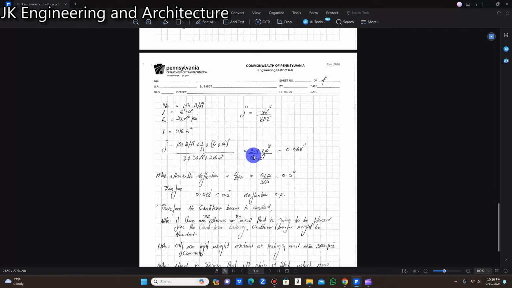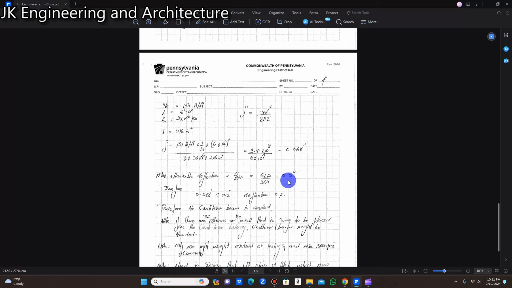When I work that out, I'm getting 3.4 times 10 to the 8 divided by 5 times 10 to the 9, and the result is 0.068 inches. But remember I've said, based on the ACI code, the maximum allowable deflection is going to be L over 360. So this is 6 feet times 12, because the projection of the cantilever slab away from the building is 6 feet, so I have to convert that to inches and divide by 360.